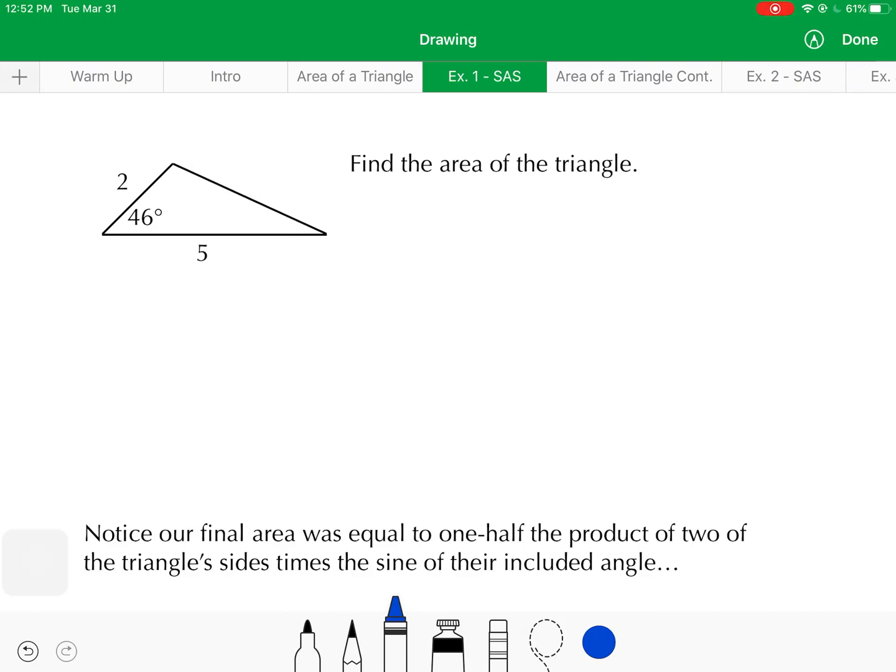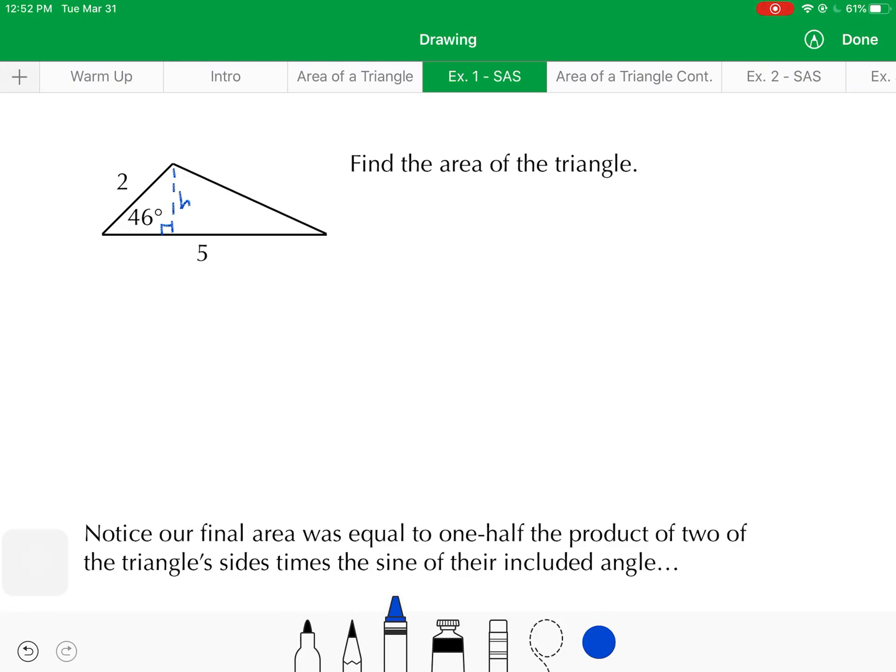Understand that neither one of those measurements represent the length of an altitude for this triangle. So I'm going to draw my altitude from the top vertex down to the bottom side length. So there is the height of the triangle.